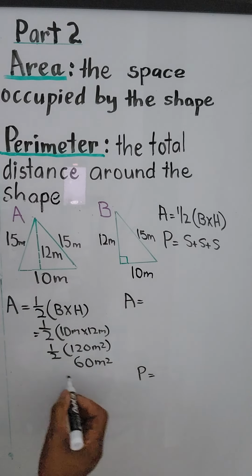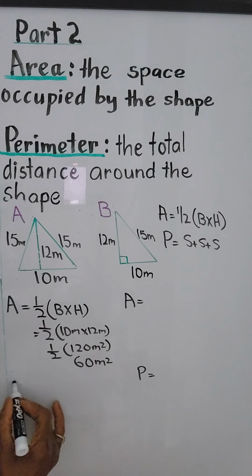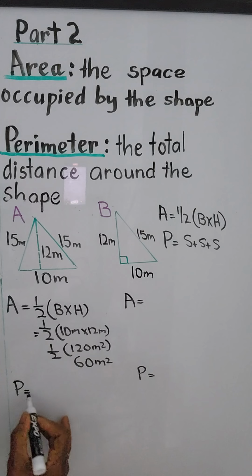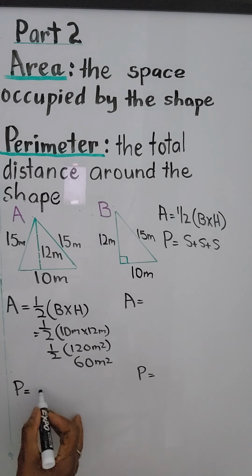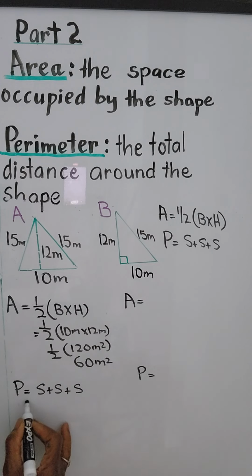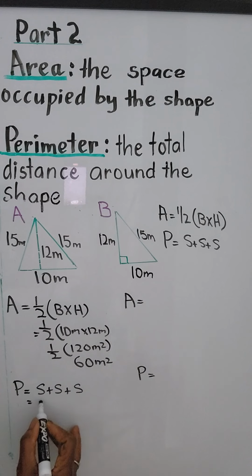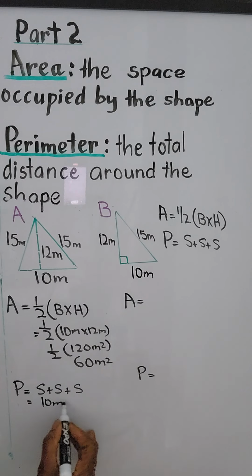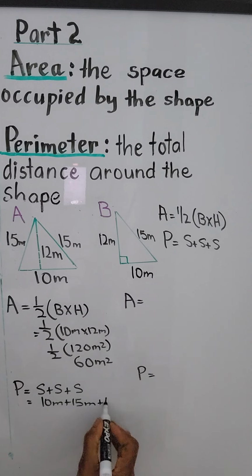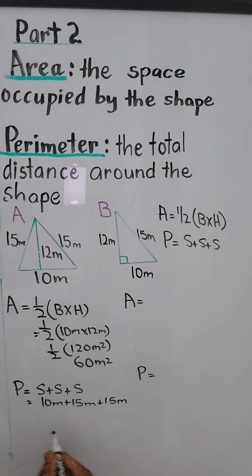Now the perimeter, P, side plus side plus side equals 10 meter plus 15 meter plus 15 meter, and that gives you a total of 40 meter.